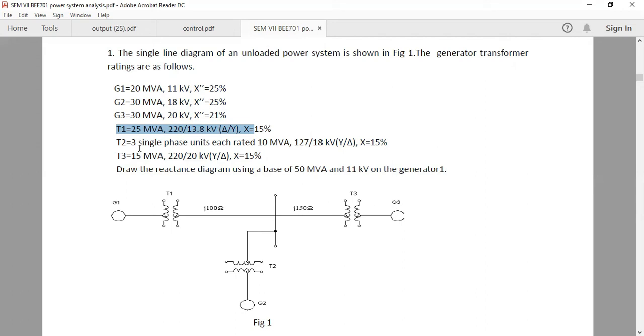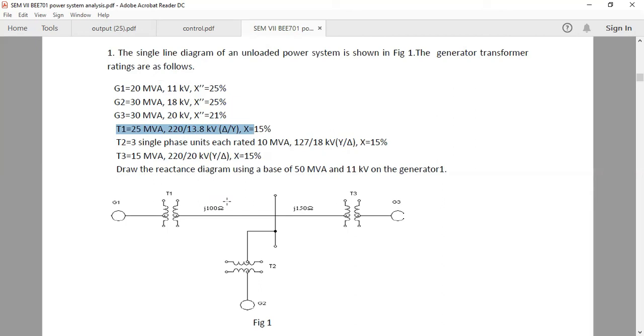Before starting the per unit calculations or drawing the reactance diagram, first of all we need to select the MVA rating and the kV rating of the entire system. As far as the MVA rating is concerned, as we have already seen in the previous slides, we will consider either the maximum from the available or something more than that.